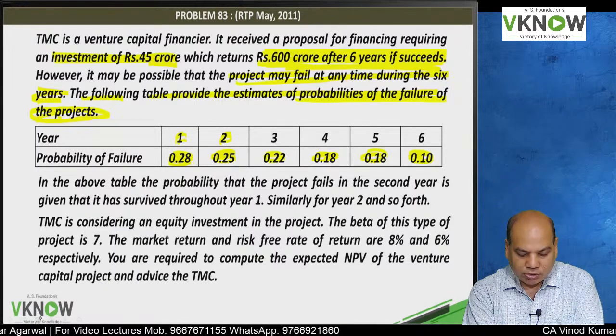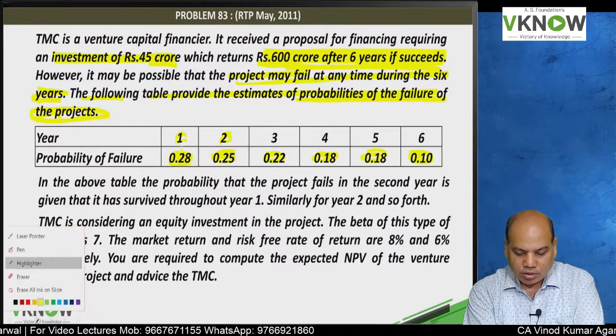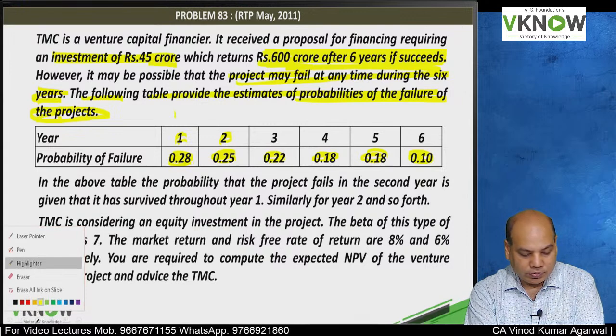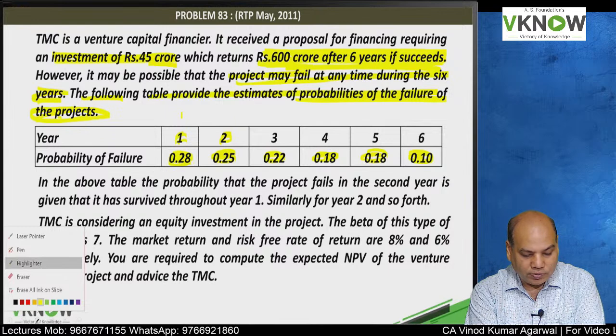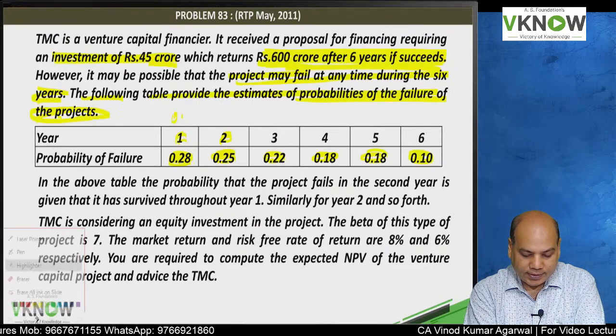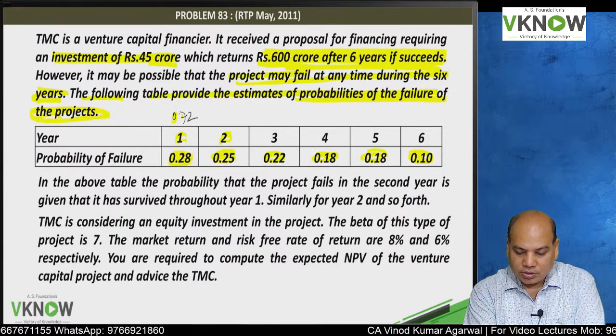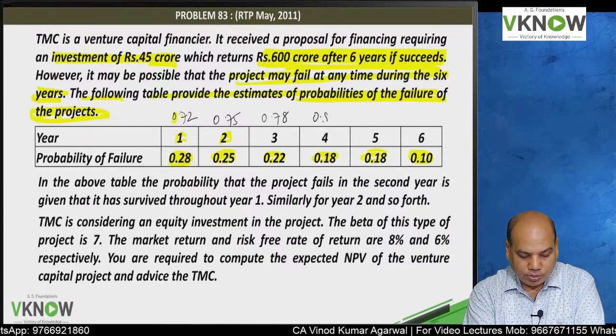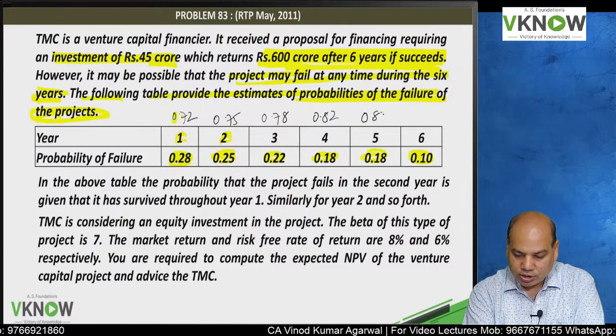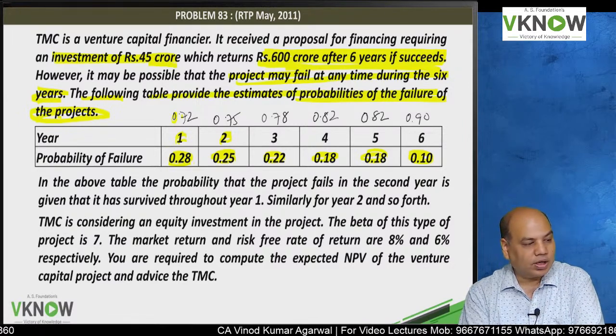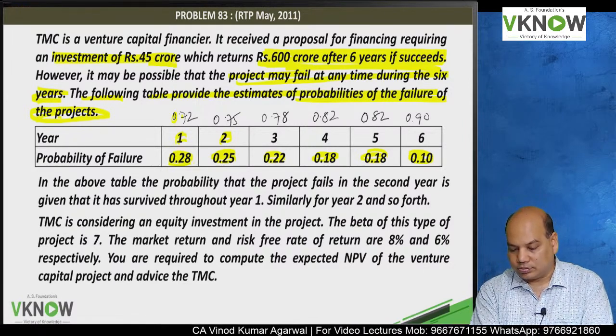So if the project has to be successful, it has to succeed in all the years, which means I need to calculate the probability of success, which will be 0.72, 0.75, 0.78, 0.82, 0.90.